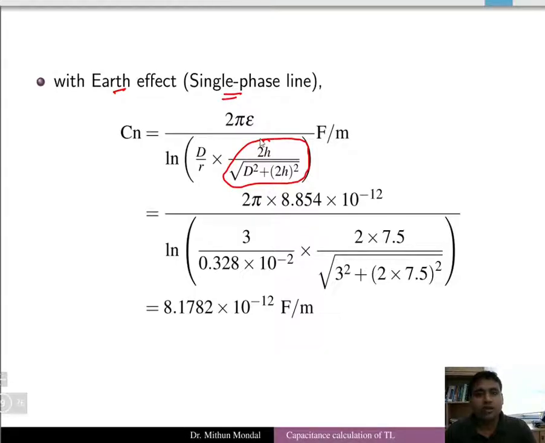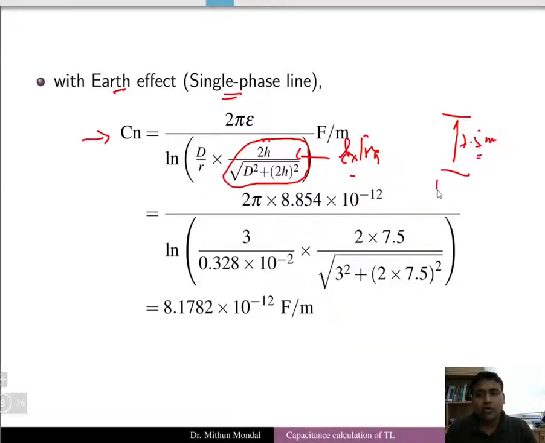So the derivation part is being given in the lecture class. Please see to that. The capacitance Cn is equal to 2 pi epsilon ln of d by r multiplied with an extra term which is due to the effect of the earth. Now, the conductor is located at a height of 7.5 meter above the earth surface.